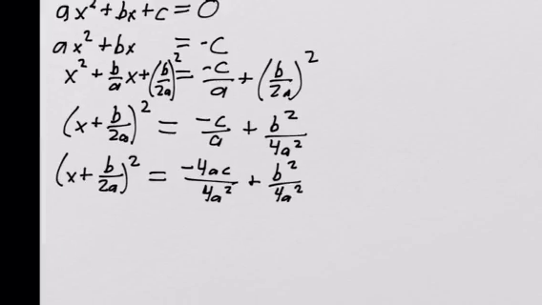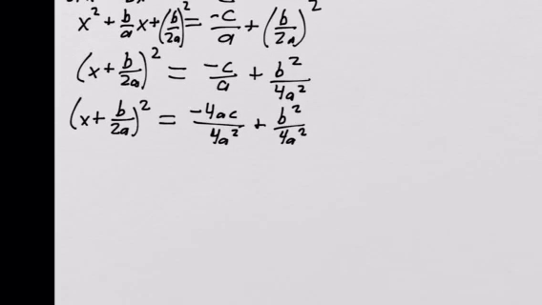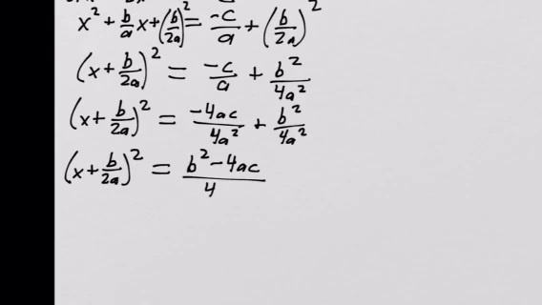And then we can put that over the same denominator. So x plus b over 2a squared is equal to, and I'm going to write this in the more familiar order, b squared minus 4ac divided by 4a squared. So now we can take the square root of both sides.